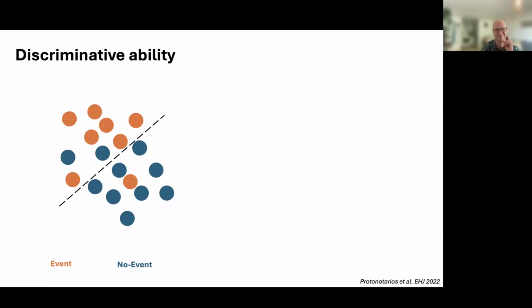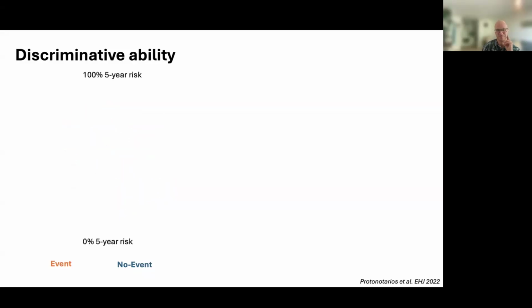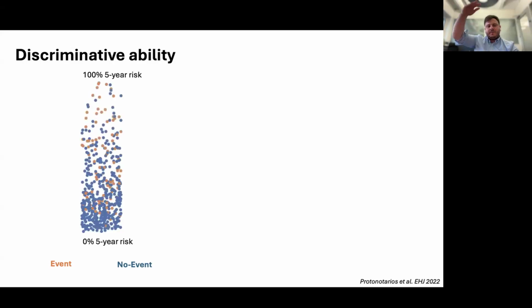Indeed, yes. And this is an actual example, from our ARVC risk score validation study we published about 2 years ago. Imagine that at the bottom you have the 0% 5-year risk based on the model, and at the top you have 100%. Then you lay over all the patients at the different levels of predicted risk, and mark the ones that had the event with orange.